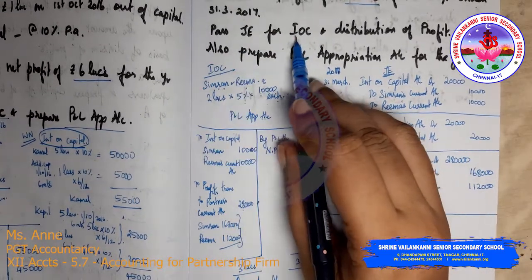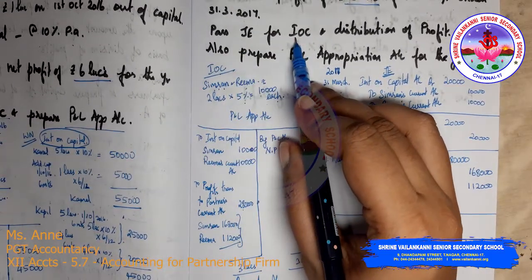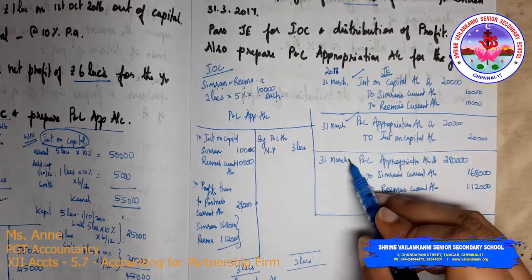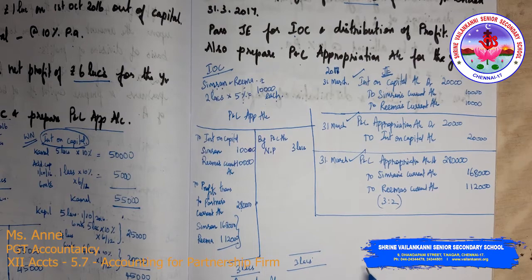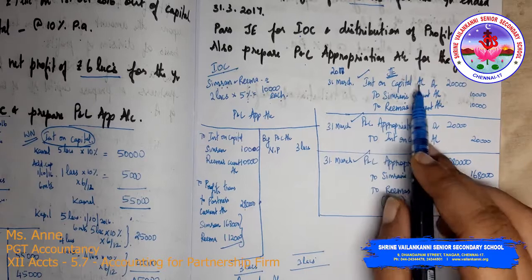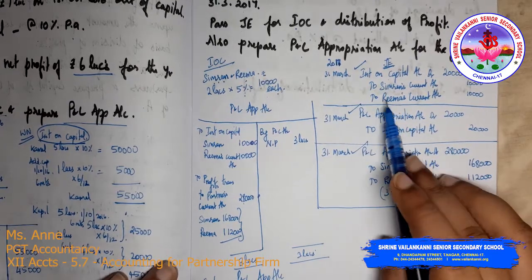Journal entry of interest on capital as well as distribution of profits, interest on capital done, and distribution of profits done.